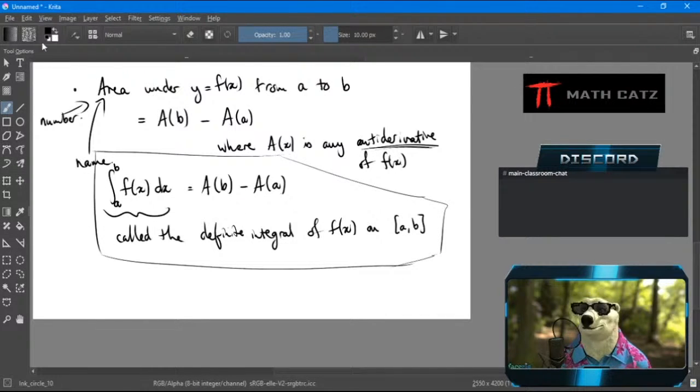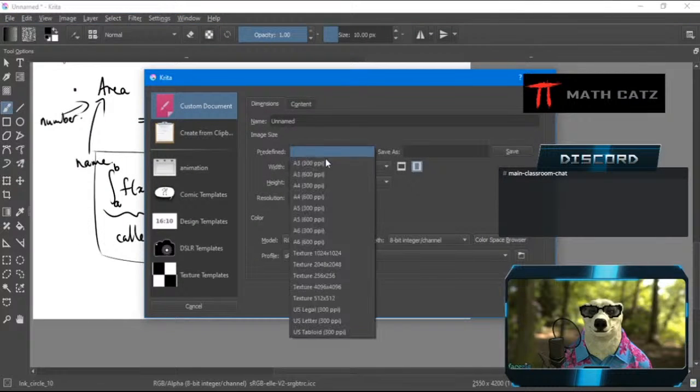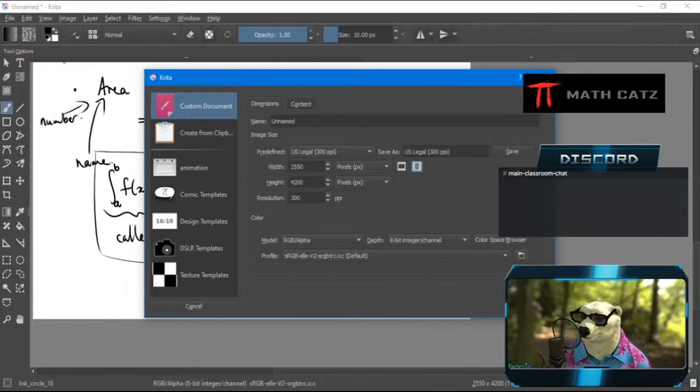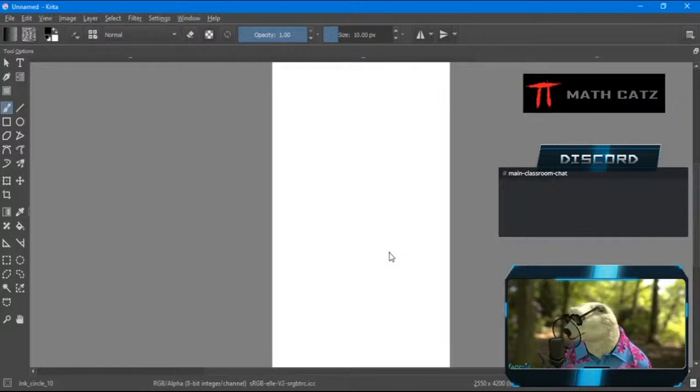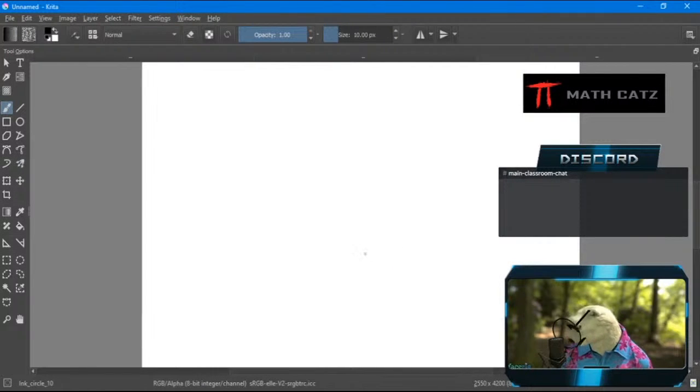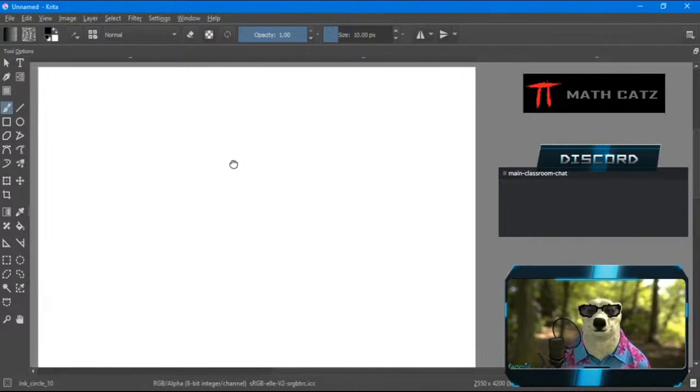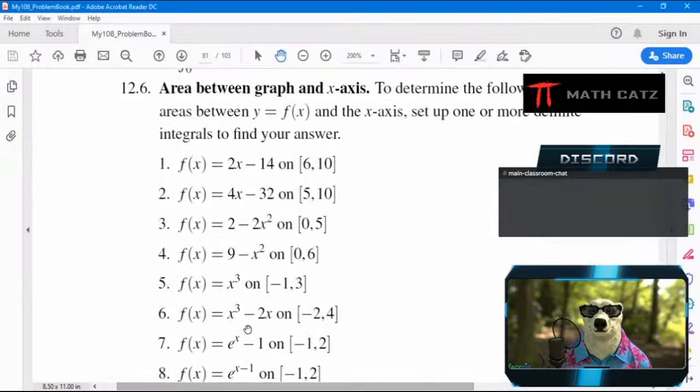Now let's make a new page and look at some problems. Let's just start with the first one. The function in question and the x-axis on the given interval.